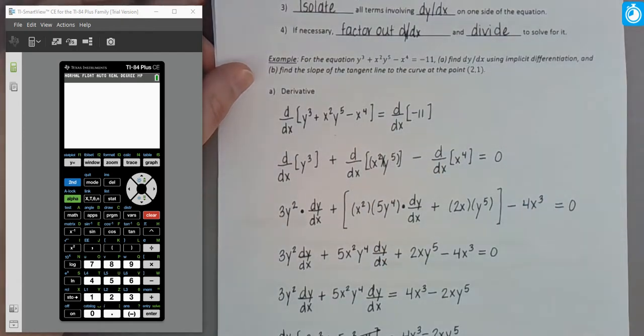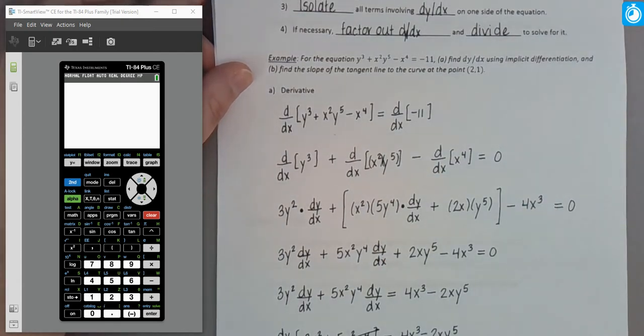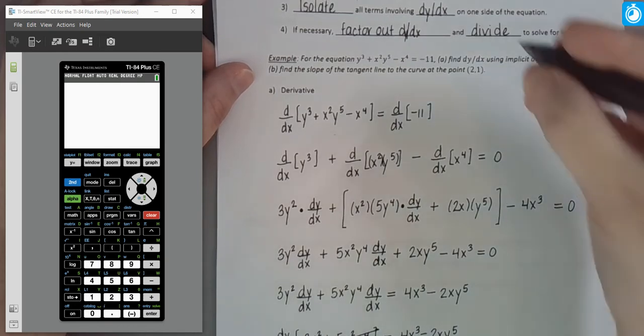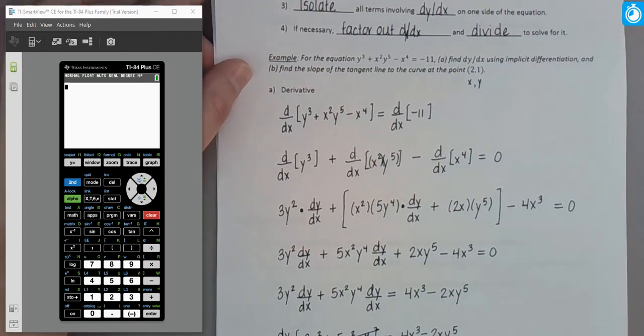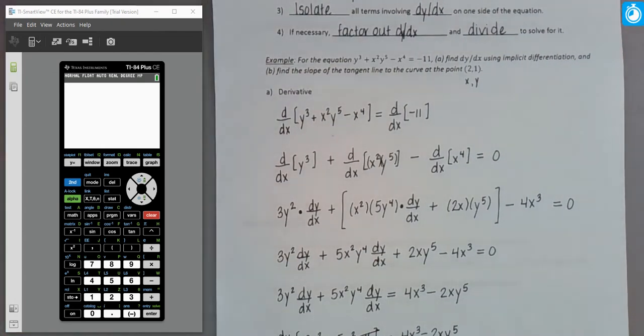Well, remember when we first talked about the derivative, it represents the slope of the tangent line to the curve of our function, to the graph, at any particular location. So in this case, this is our x, this is our y. Now what's different here is normally when we want to find the slope, we just plug in our value for x, right? So we have a derivative which involves the variable x, and typically when we take the derivative, that's going to be the only variable we see.